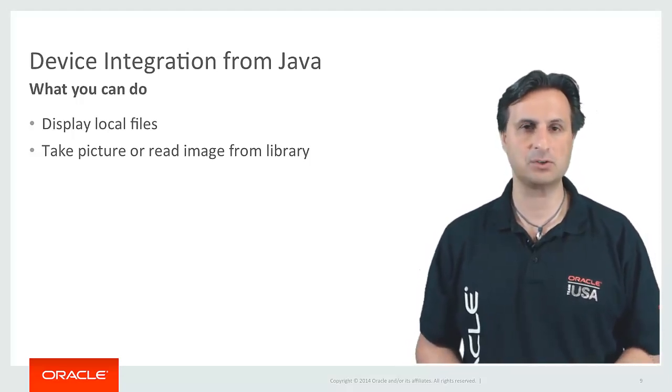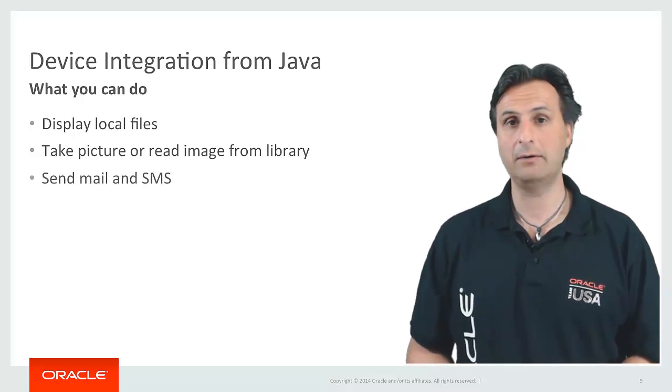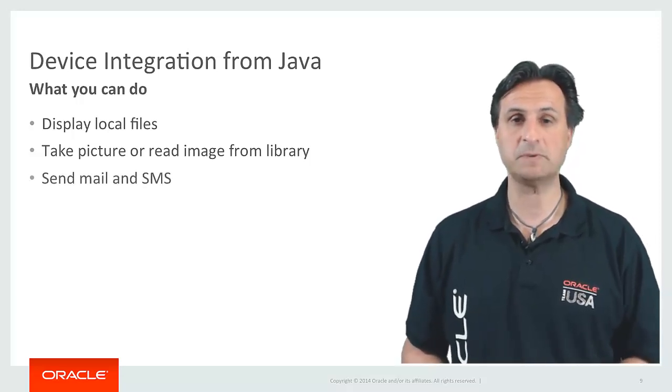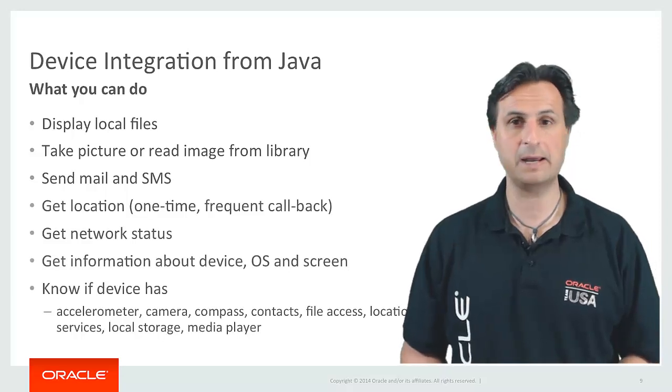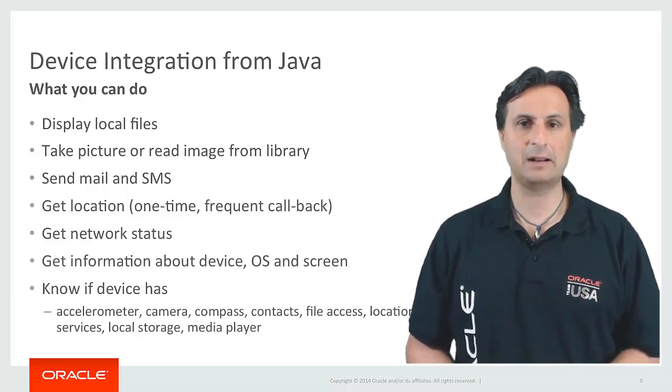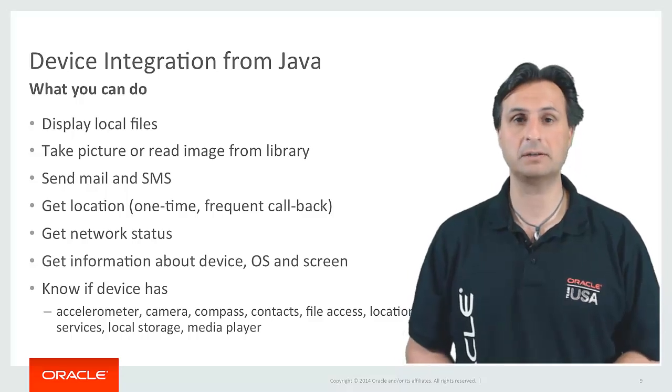Same for sending SMS or getting the geolocation for context or location specific information that you want to do, or the queries I mentioned, and the access to the network status as well.